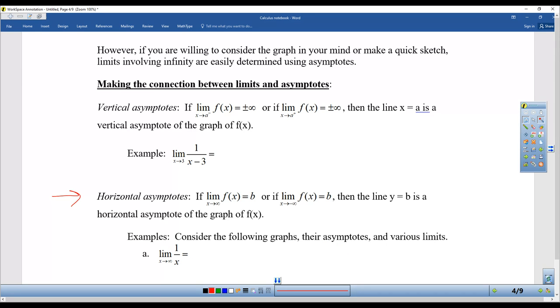Here under horizontal asymptotes: if the limit as x approaches infinity is equal to b, or if the limit as x approaches negative infinity is equal to b, then the line y equals b is the horizontal asymptote. And vice versa. If you know the horizontal asymptote, then you know the limit as x approaches infinity. So literally, all you have to do is think about the horizontal asymptote of this graph, and you've got yourself an answer.